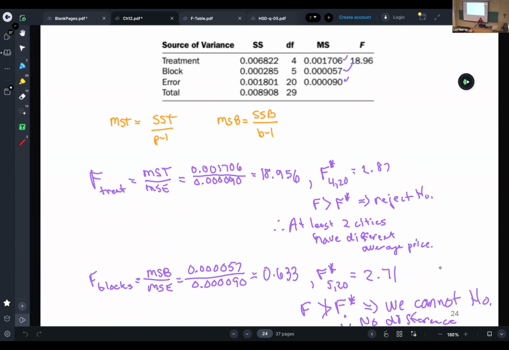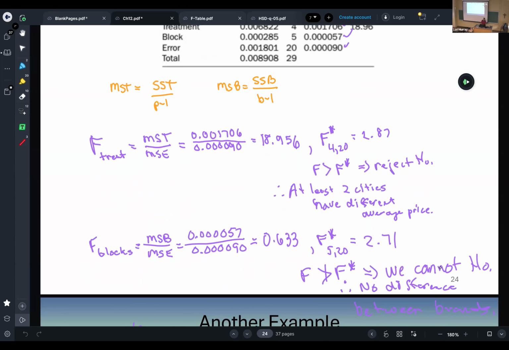And for the blocks, that was the brands, we concluded, interestingly enough, at least for these data, that the means of the brands were not different. They were statistically not significantly different. So we could not reject the null hypothesis. We assume that they're equal.